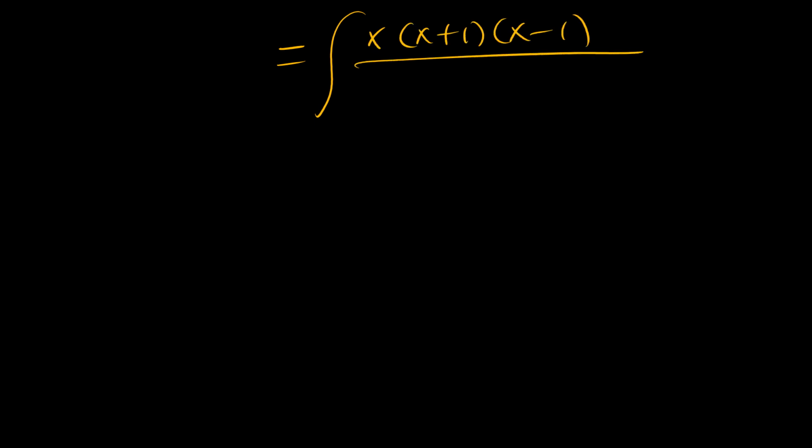So which leads us to say now that we have x plus 1, x minus 1, x squared plus x plus 1 plus. That's important, how I've written it like that.